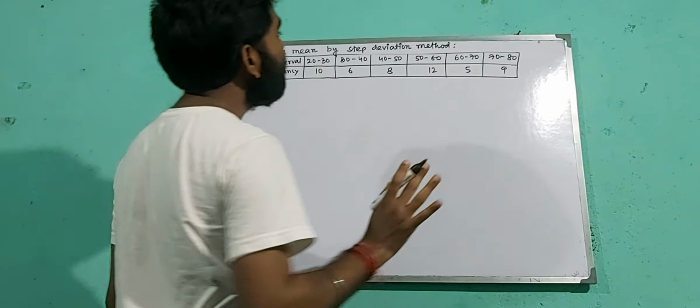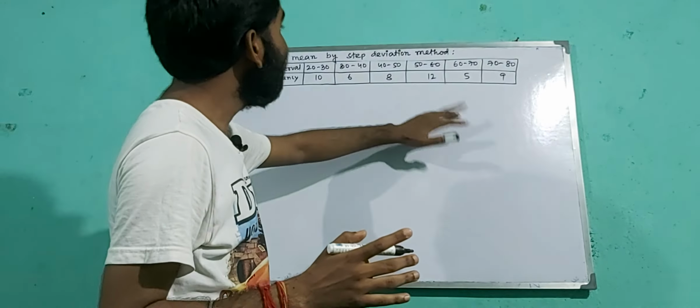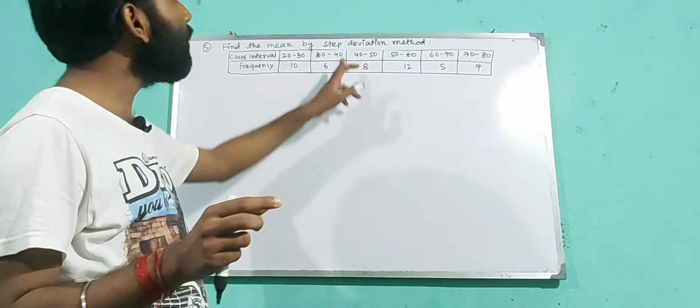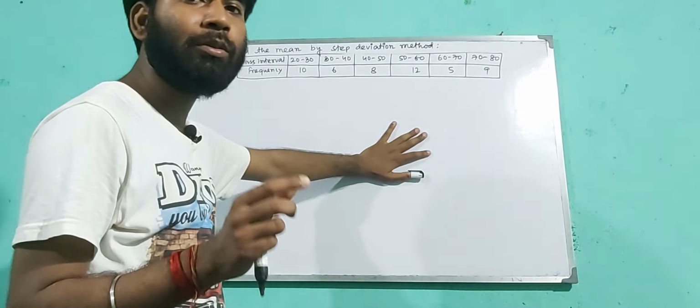I have written the question already. See, this is step deviation method. I have said earlier there are 3 methods to solve the mean. One is direct method, one is shortcut method, both are finished, and unknown frequencies type of math also finished. All are useful for the examination, but this step deviation method is not useful for the 22 CBSE examination. It is useful only for the ICSE.